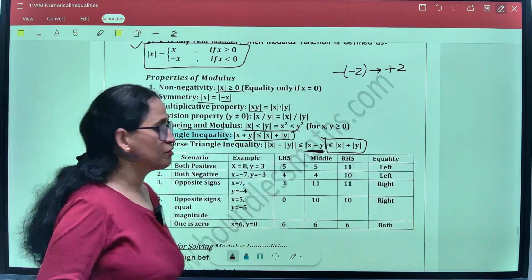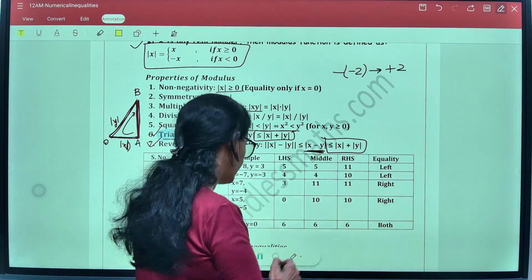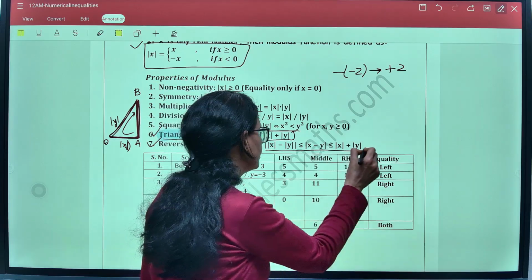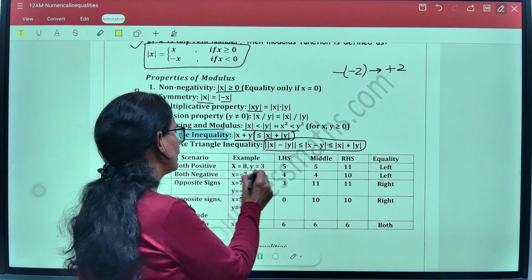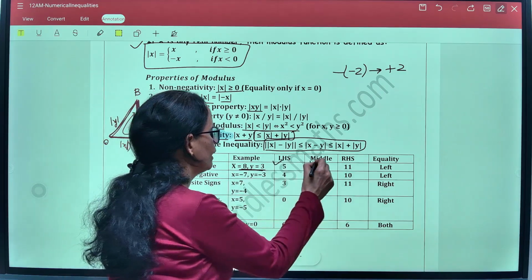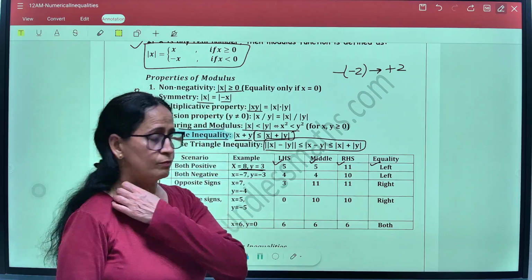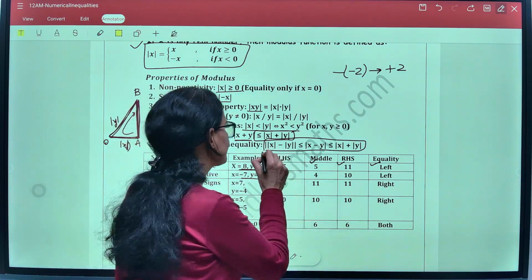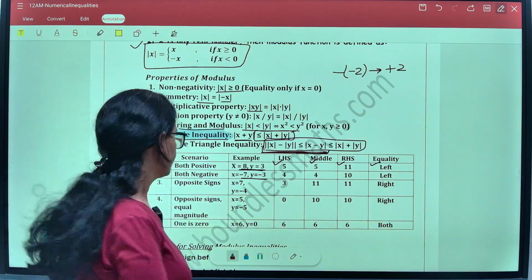How can we prove that? Pause this video right now and think of different values of x and y and try to prove this reverse triangle inequality. How? Take both positive values for x and y. If you take both positive values, solve left, middle and right separately. The left inequality is true. If you take both negative values, again both these left sides will be the same and give you the same answer.